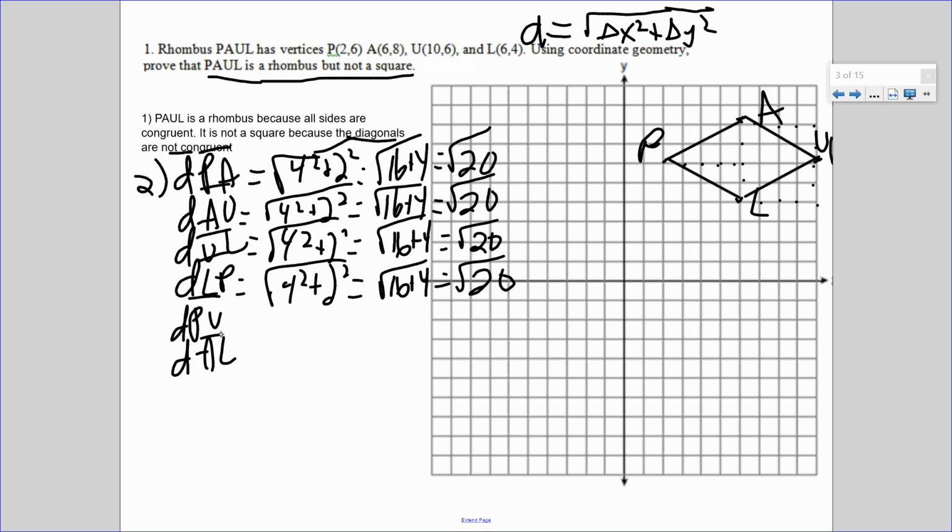Now, since these are straight lines, I don't have to use distance formula. PU is 1, 2, 3, 4, 5, 6, 7, 8. And AL is 1, 2, 3, 4. So if it's a straight line, you don't have to use distance formula. All right, that's 3. That's 2.